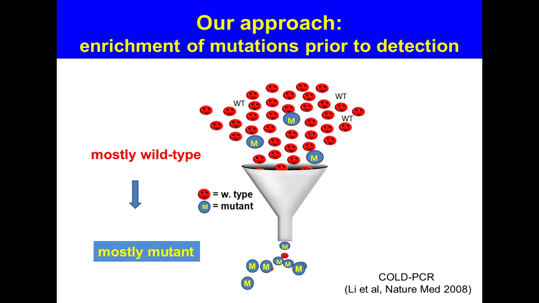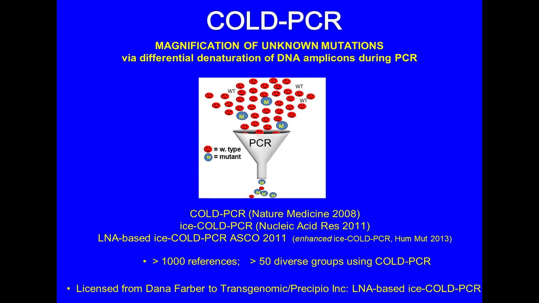So COLD-PCR has been around now for 10 years, so it's a good 10th year anniversary of the technology. And in a big view, a helicopter view of what has happened these 10 years, several papers have been published. I'm only listing here the main papers that have driven the technology, although it has been translated to many different applications by different groups.